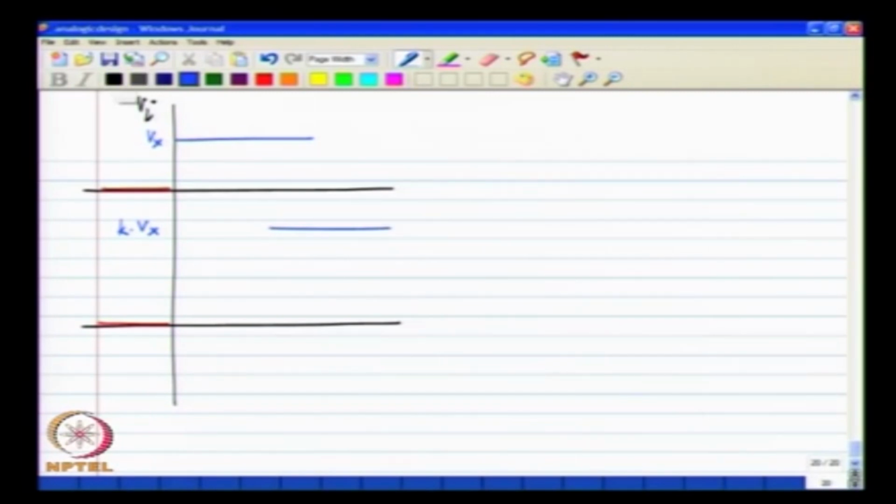And I will also plot the error. This is the output V naught, this is the error Vi minus V naught by k. So, that will be 0 initially, it will also be 0 after steady state is reached, but in the middle it jumps up and gradually comes down. Similarly, k times Vx will not be reached instantaneously, it does something of that sort. Okay.